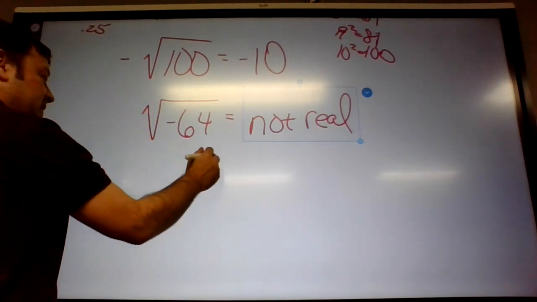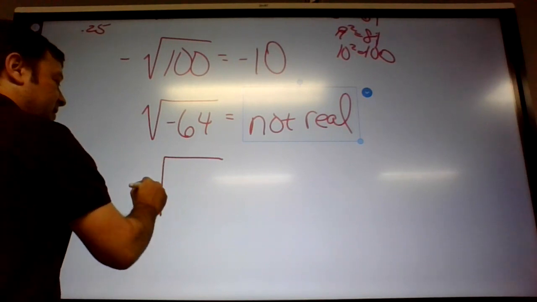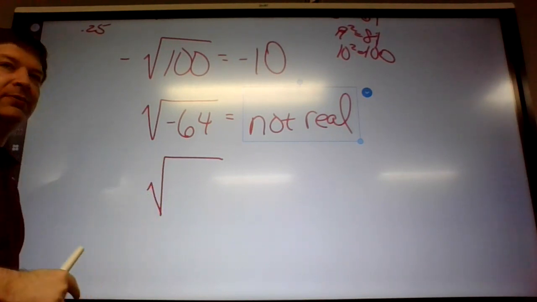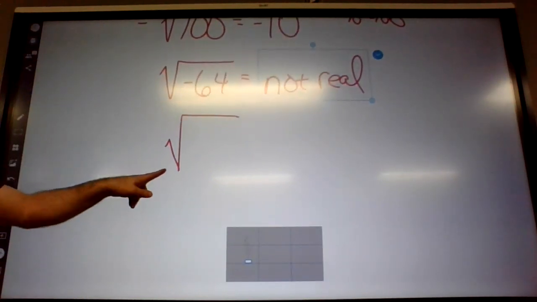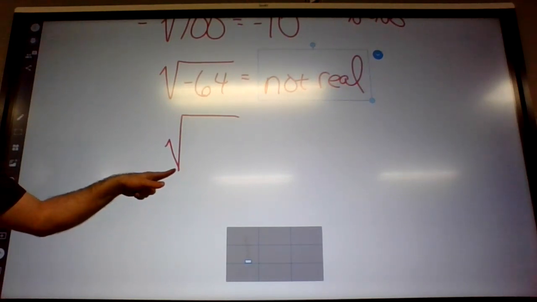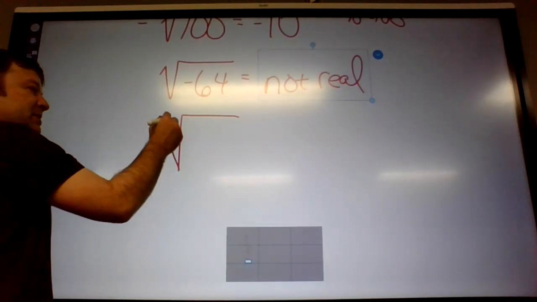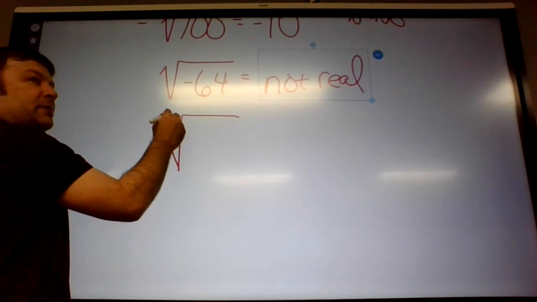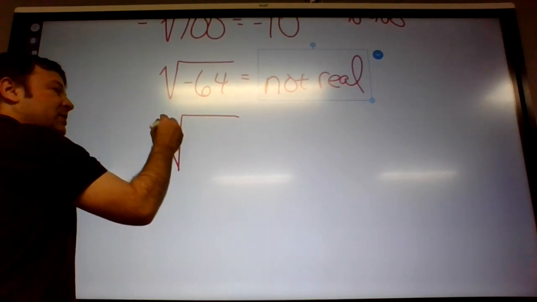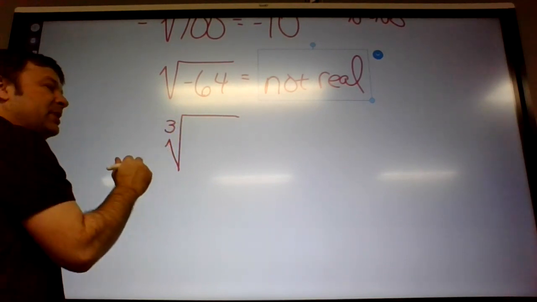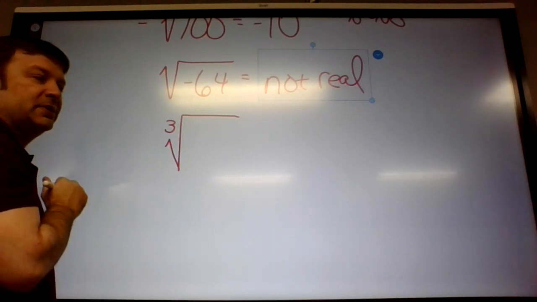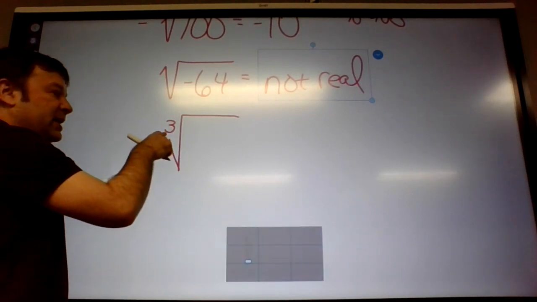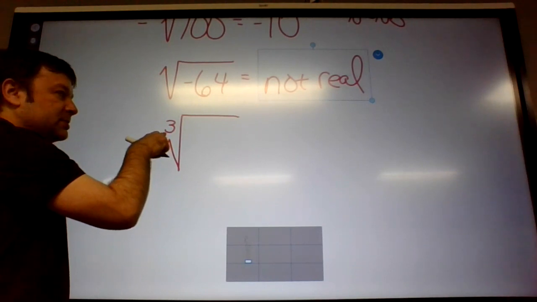Now, this symbol doesn't always mean square root. The symbol, by the way, is called a radical. Sometimes they put little numbers up here in the corner. This is called a cube root.